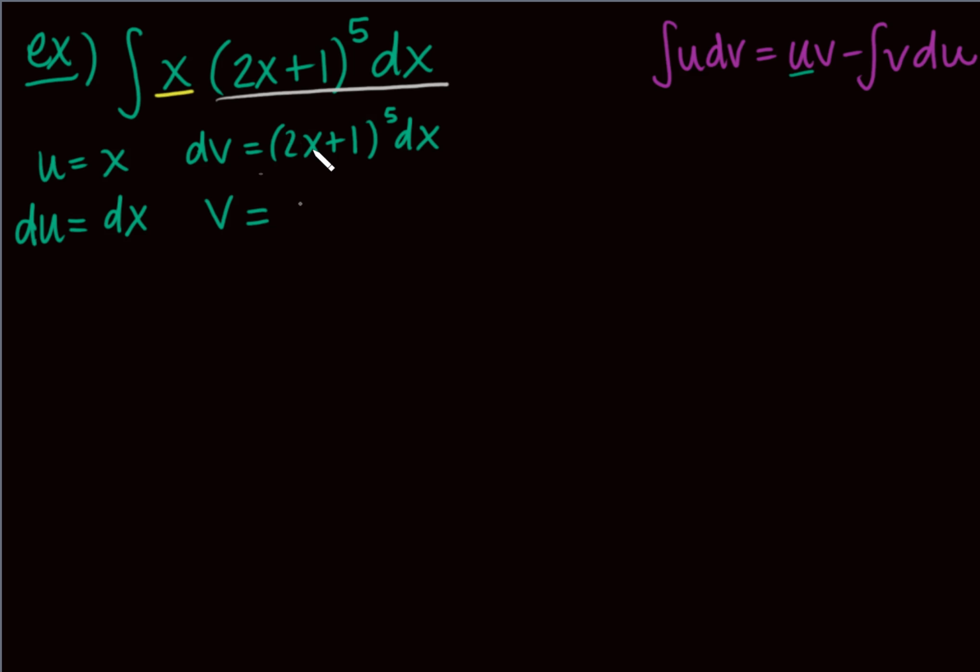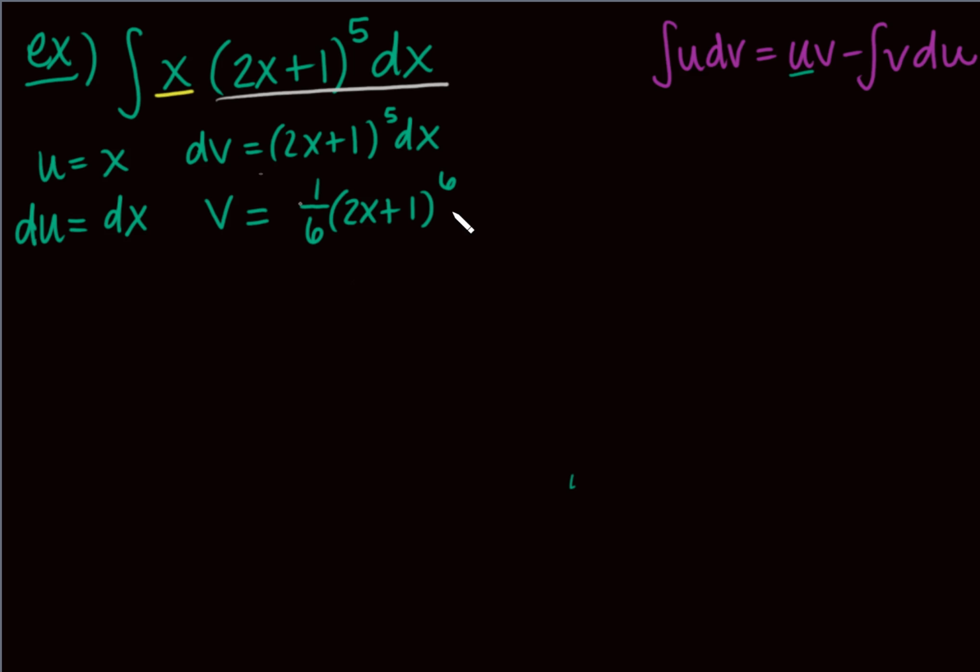Technically, I should probably do a substitution with this, and you could do some side work and do substitution, or we could just think about it, okay? So let's think about this. This is the power rule. So I know I would have 2x plus 1 to the sixth, and then divide by that. But notice if I take the derivative of this, I would bring the 6 down. That's great. They cancel. Take 1 away.